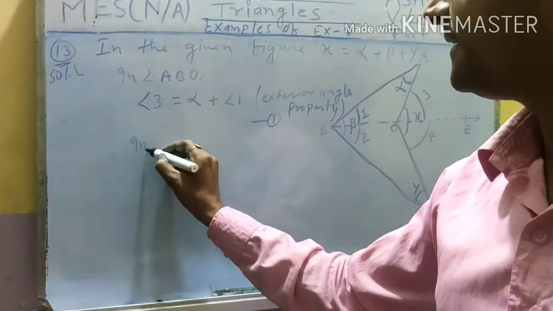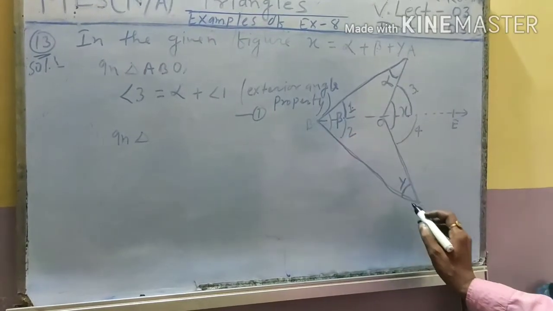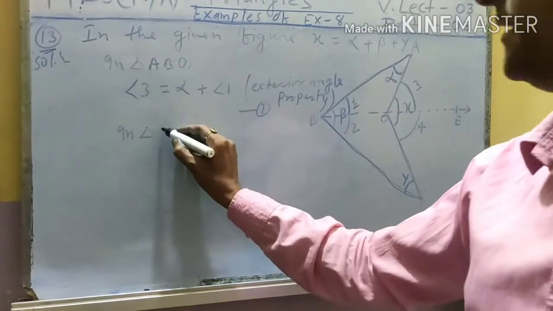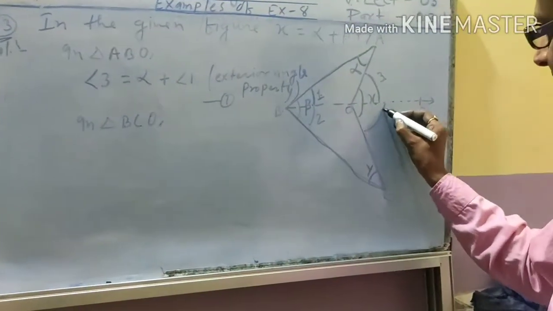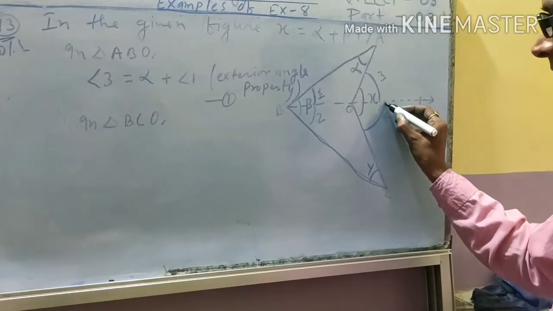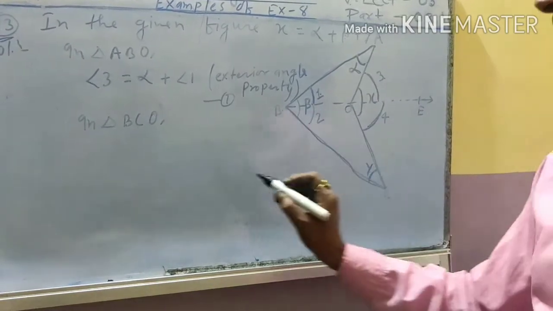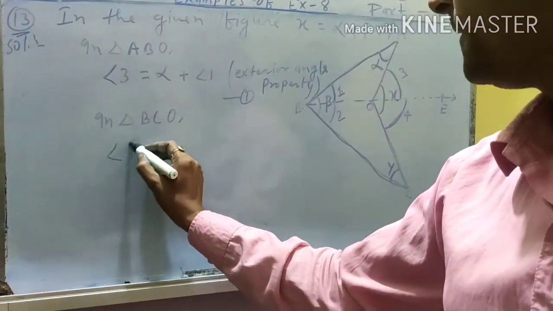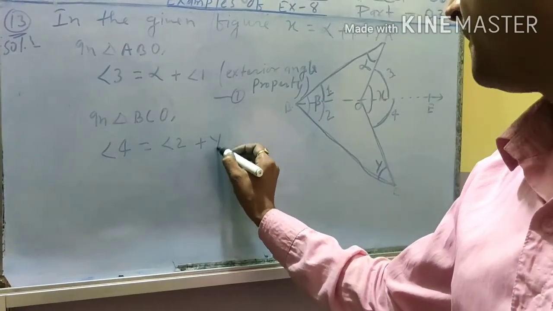Here in triangle BCO, this is the exterior angle 4. So angle 4 is equal to angle 2 plus gamma.